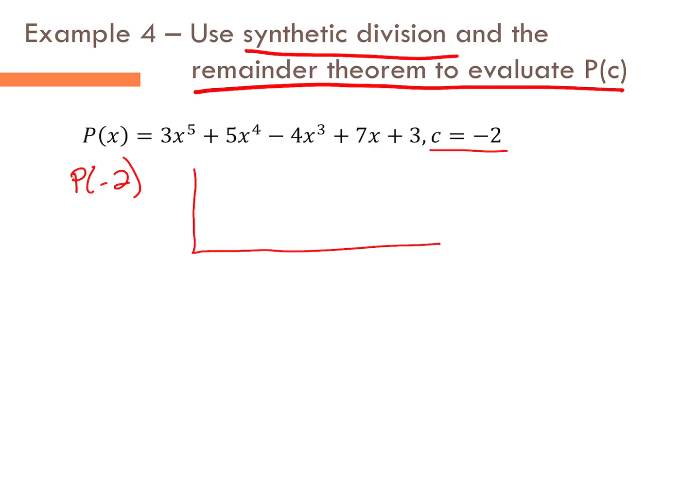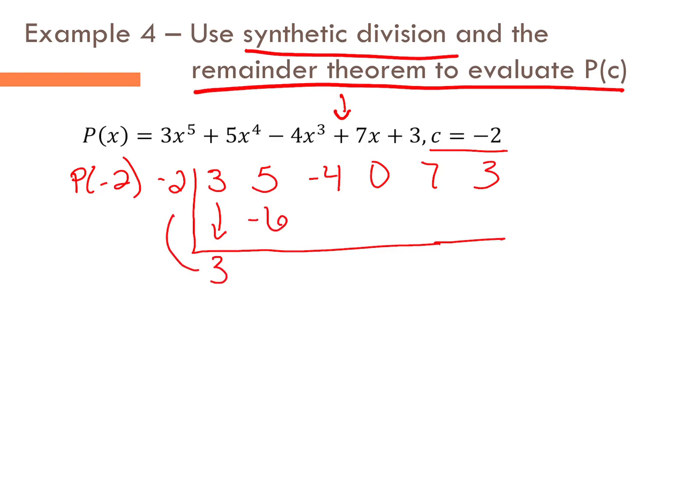When that happens, I know what x is, so I'm just going to put the negative 2 on the outside. Inside, I'm going to have a 3, then a 5, negative 4. I'm missing an x squared term in here, so 0. And then I have 7 and 3. We'll work through synthetic division just like what we've been doing, so bring down our 3.